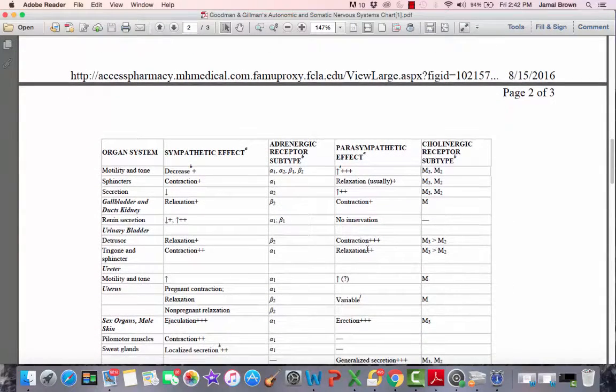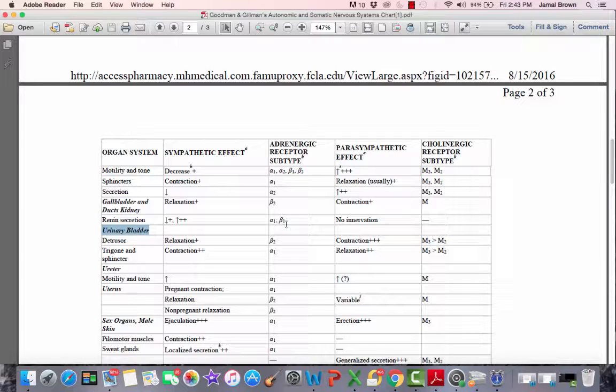The last example that I'll give you is the urinary bladder when we talk about BPH. So for the bladder, what happens with alpha? We're going to be talking about alpha 1 receptor antagonist and agonist, right? Contraction happens in my bladder from alpha 1 agents.